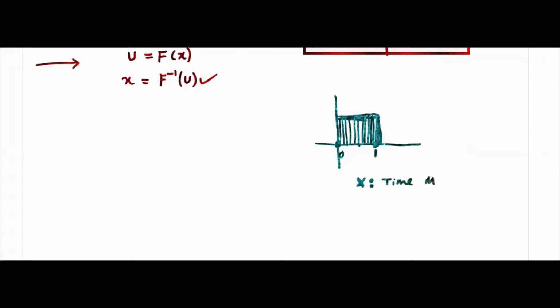Whatever you write, X is the time spent to complete a task. Is this a continuous or a discrete random variable? This is a continuous random variable because time is a continuous one. So I can stop at any time.